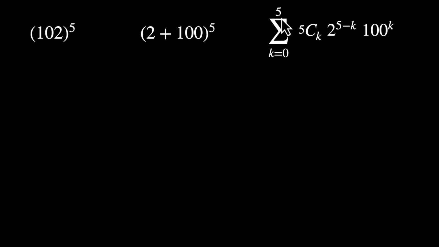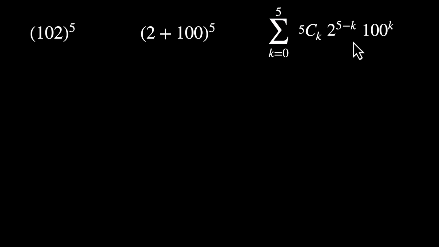Okay, so let's now expand. 102 to the power 5 is 2 plus 100. Let's flip this. (2 plus 100) to the power 5 is equal to summation k equals 0 to 5, 5Ck, 2 to the power 5 minus k, 100 to the power k. The one that we just wrote and this one will give the same answer. You can pick either one. We'll pick this one.